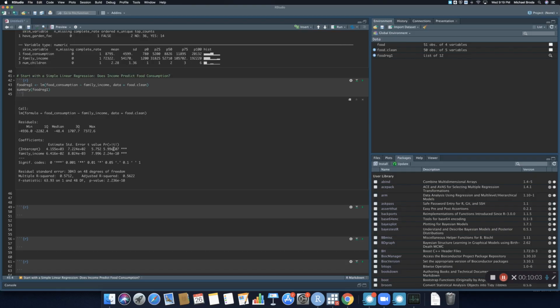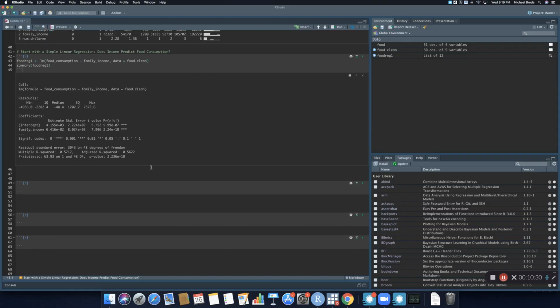So these are both very, very small p-values. They're kind of spelled out this way in R, but these are p-values. So this is 0.000005, and this one is 0.09 times 10 to the negative 2. So these are both highly significant coefficients. So yeah, we can say that family income is related to food consumption and positively related.